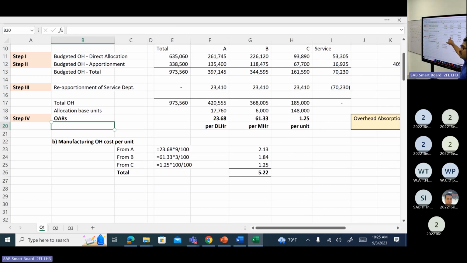That is the basis, the total number of labor hours. 10 employees, 37 hours into 48 weeks, because this is given for department A. So we are going to calculate the overhead absorption rate per labor hour for department A.